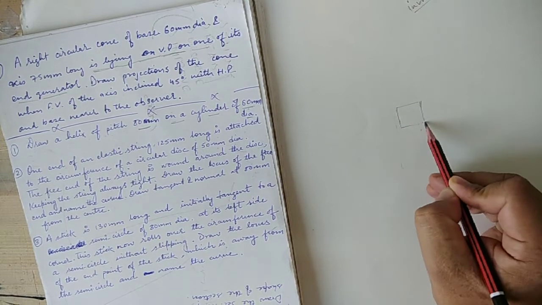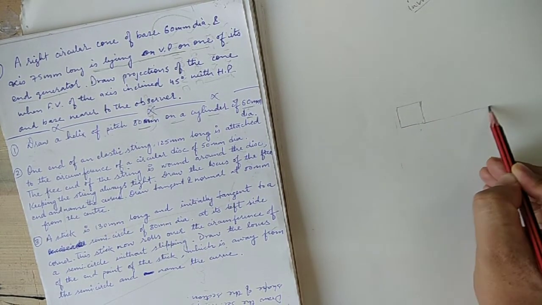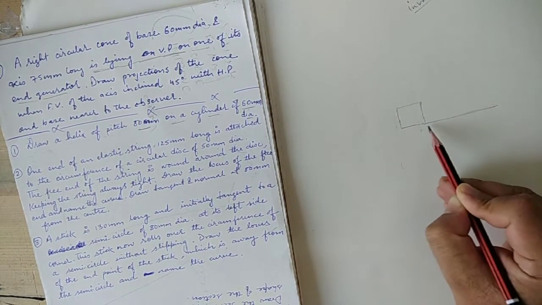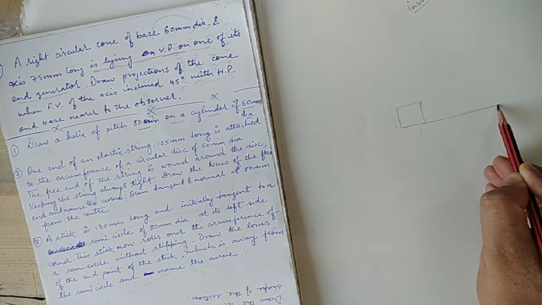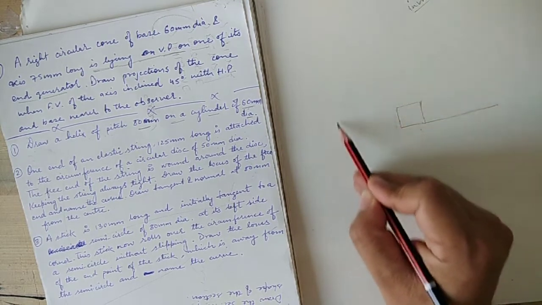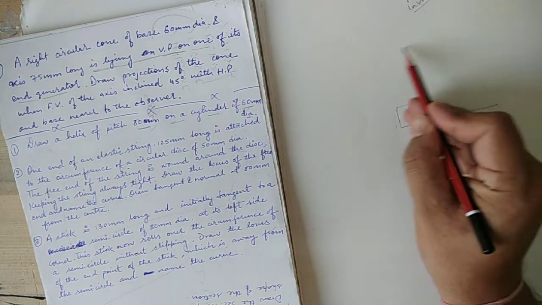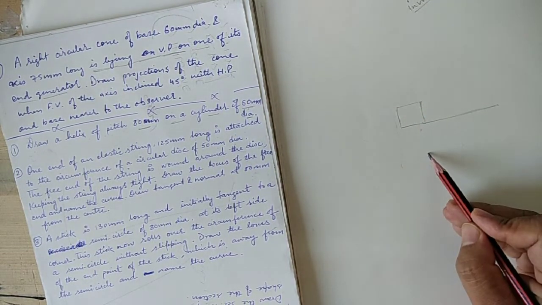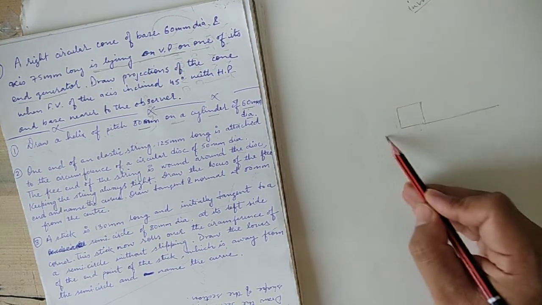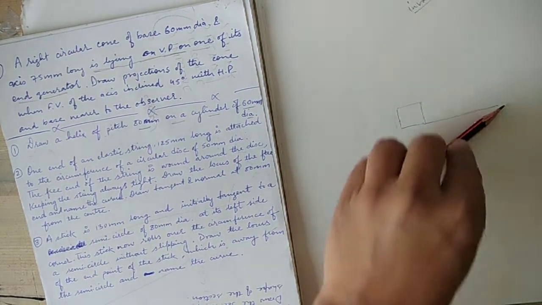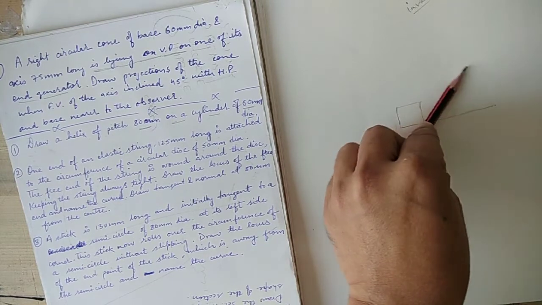a square shape. And suppose this is the string which has a dimension equal to the perimeter of this square, and now I want to wrap this cable around the square. So now I will rotate this cable like this.